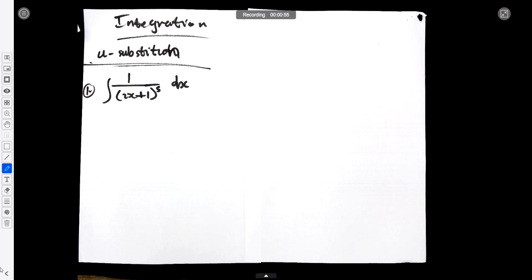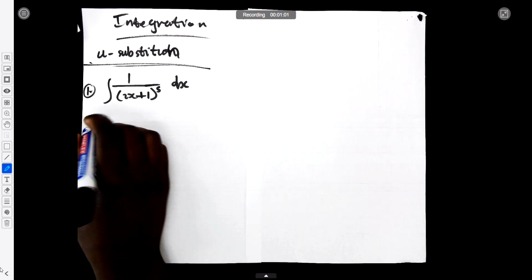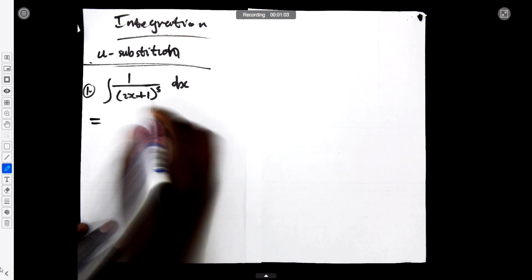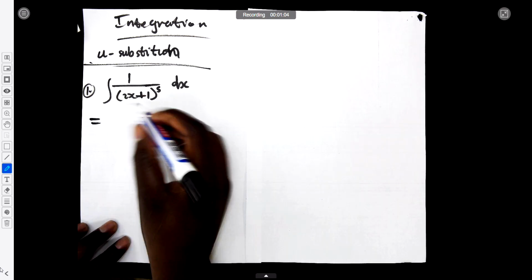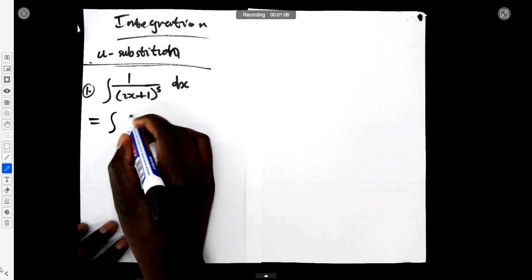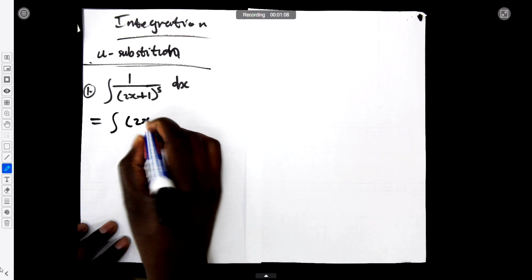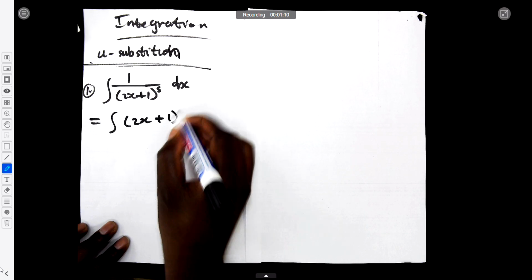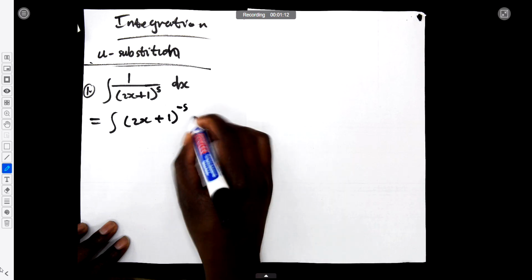The function in the bracket is in the denominator. So if it's just one function, you can take it to the numerator, so we have 2x plus 1, all to the power of -5, dx.